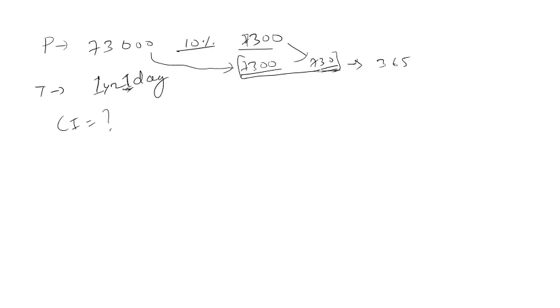But is it asking for 1 year? Absolutely not. This is asking only for 1 day. 365 days' interest is this complete part, so 1 day will be 1 by 365 into this part. This is coming out to be how much? 7,300 by 365, this is 20, isn't it?